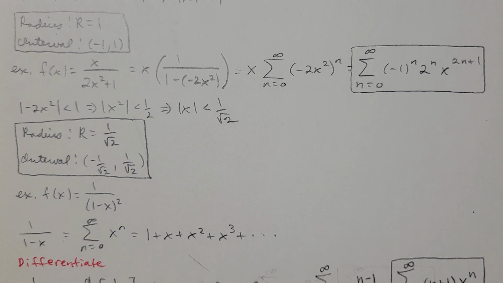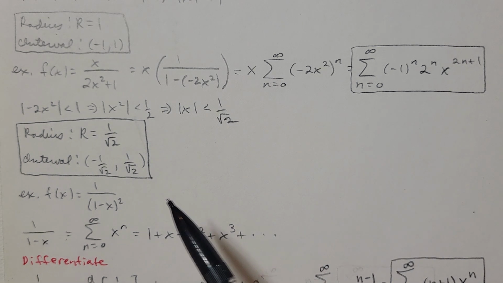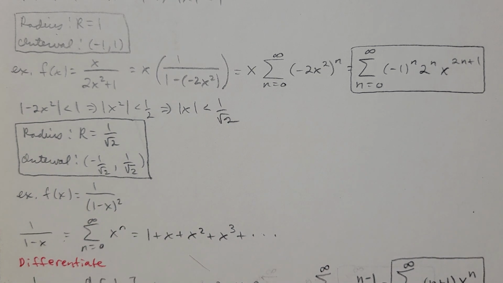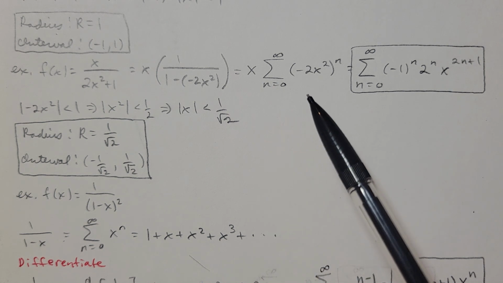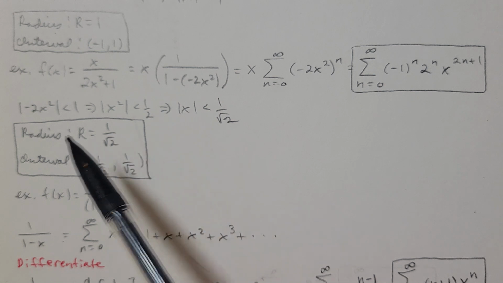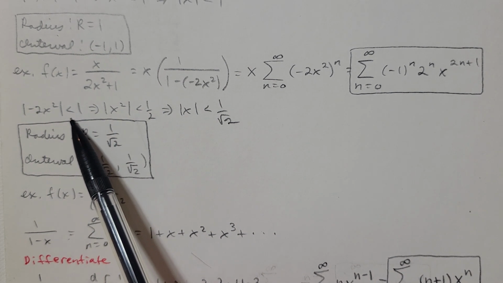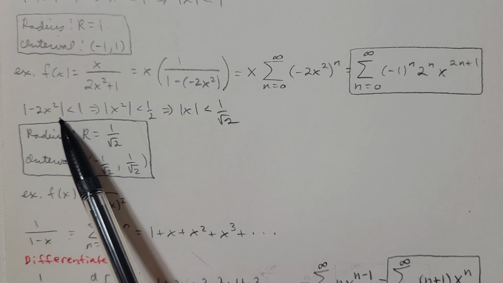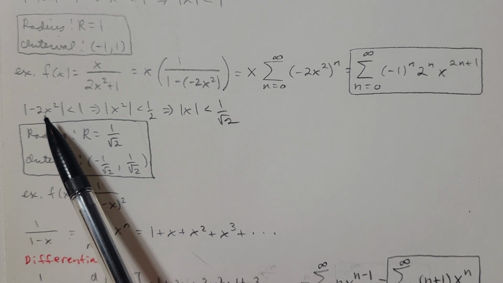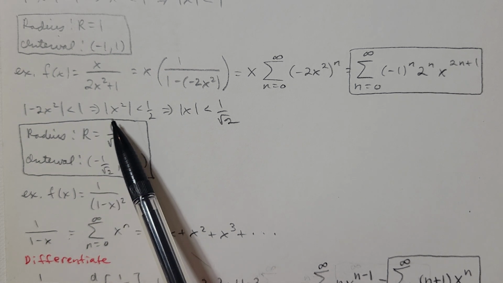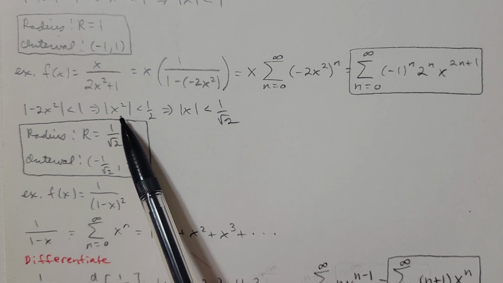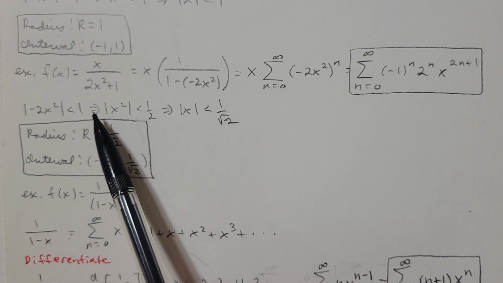So I need to know the radius and the interval of convergence. So the r is negative 2x squared. The absolute value of negative 2x squared is less than 1 means that I'm going to converge. The absolute value of negative 2 is 2. And if I divide both sides by 2, the absolute value of x squared would be less than 1/2.